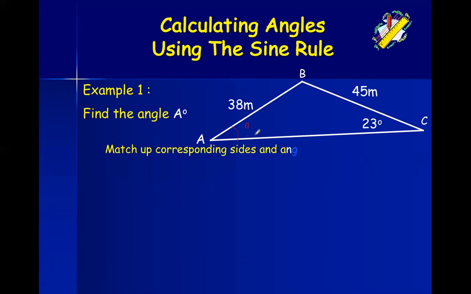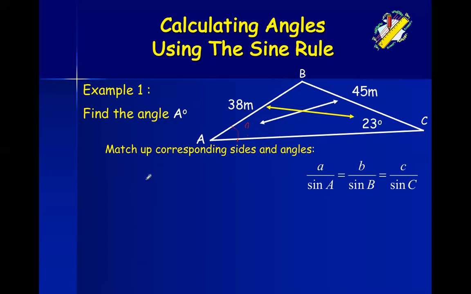So it's just rearranging. You would write side over sine A is side B over sine B, side C over sine C. Remember this is small c.